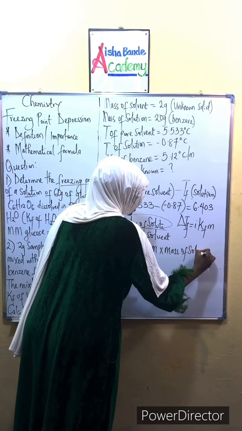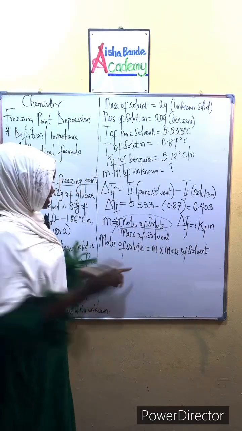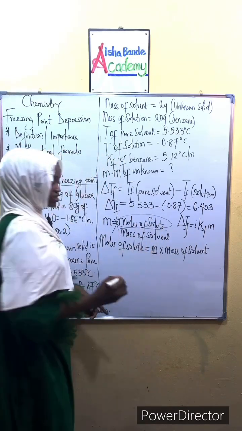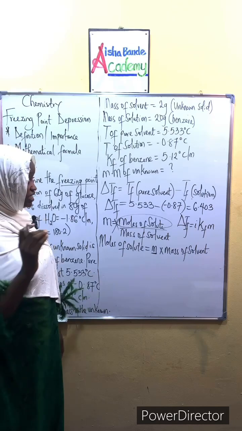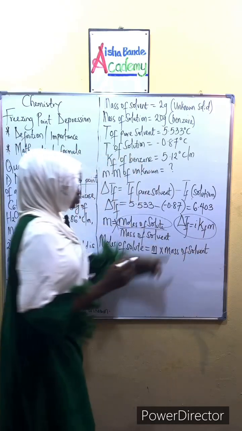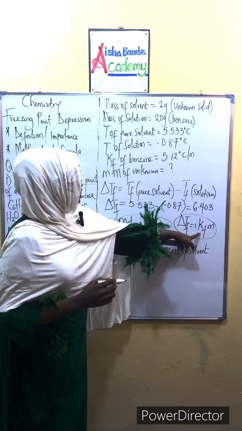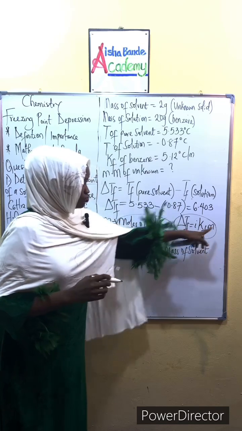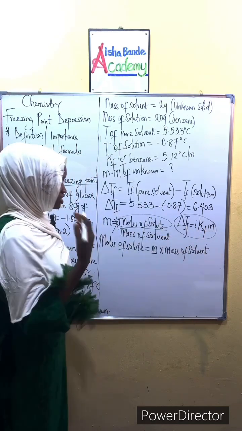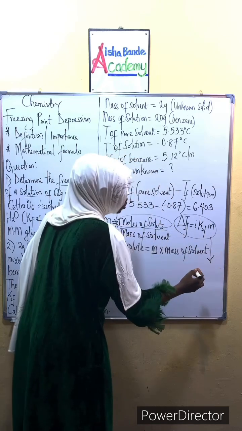What makes this interesting is that we have all the parameters out already, but there's something missing here. We don't have the molality, so we have to find it, and we can get molality from the formula, because we have the change in Tf, we have our Kf of benzene, and we also have i, which is equal to 1. So let's use this relation to find molality.